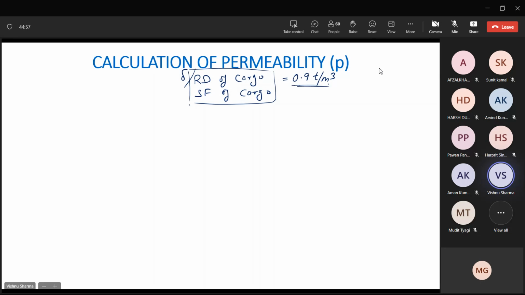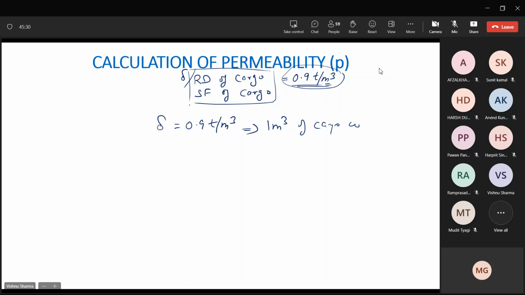That 1 cubic meter of cargo weighs 0.9 tons. That's the meaning of this expression, guys. Yes or no?